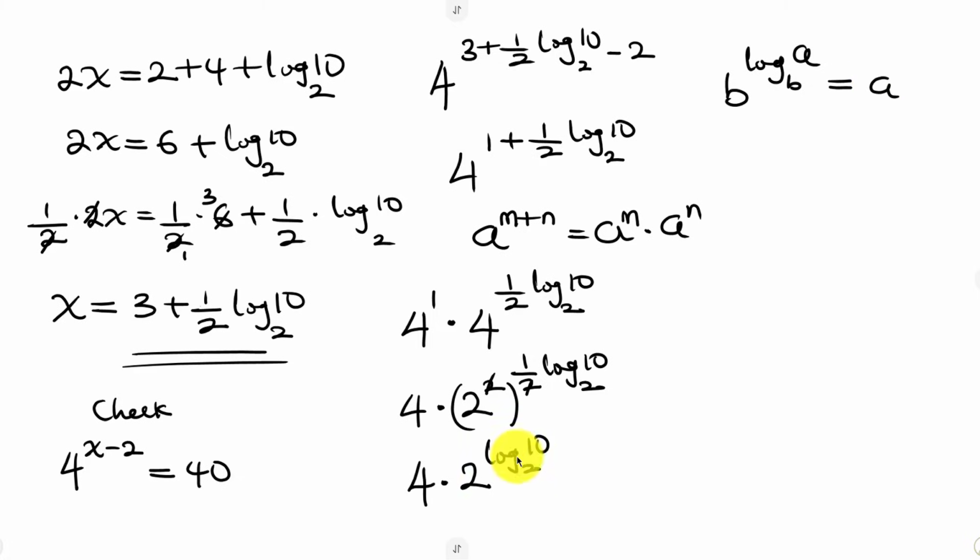So we can apply that here. We have 4 times, now the base here and the base here are the same, so we take the number 10 as the result. And when we multiply 4 times 10, that is 40. And this is equal to the right hand side, which is 40. So our value for x equal to 3 plus 1 over 2 log 10 base 2 is actually correct.